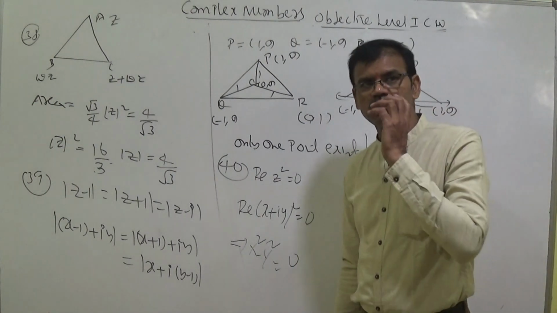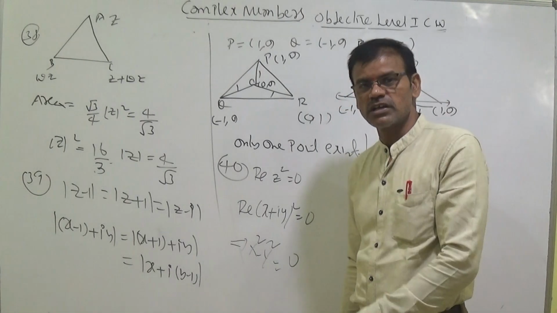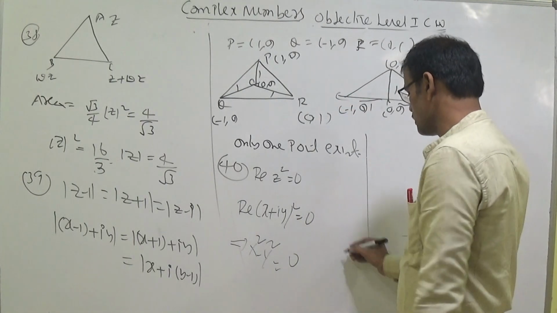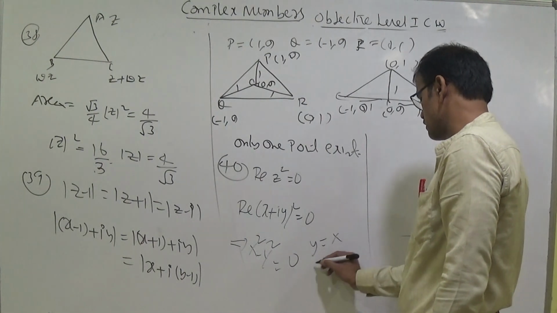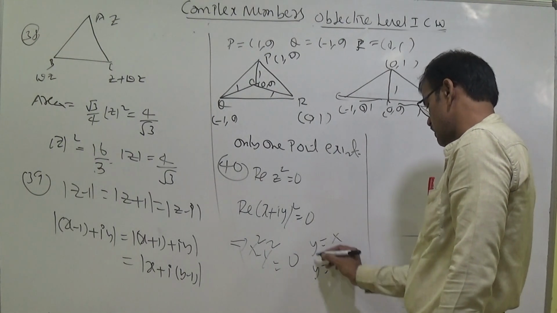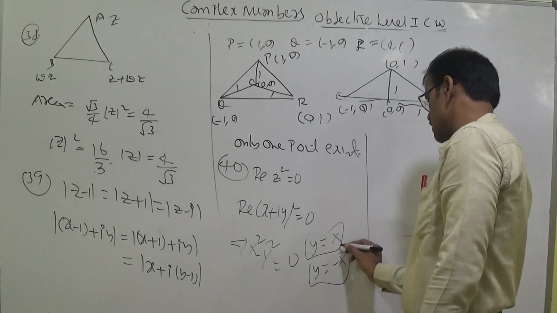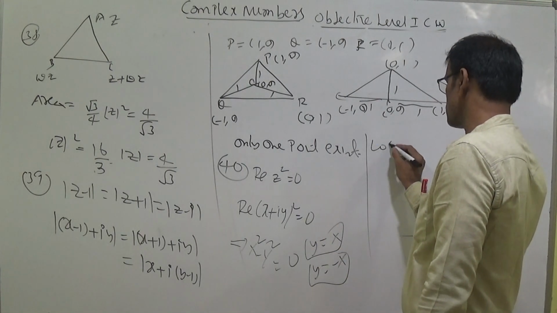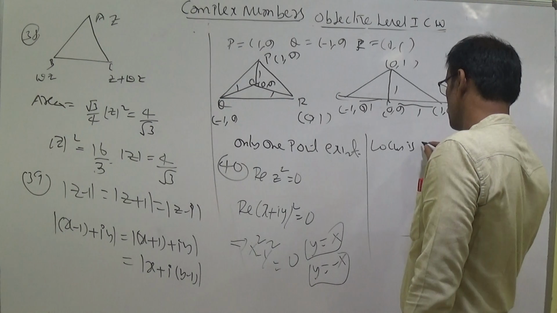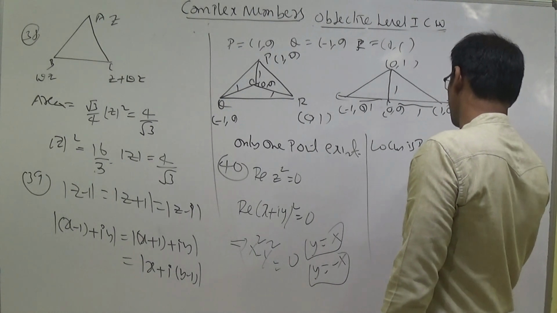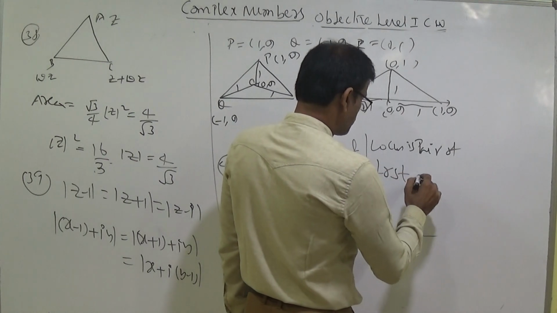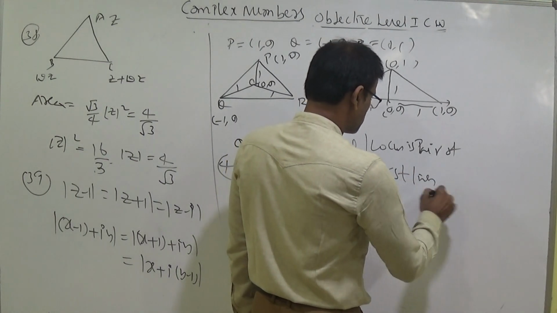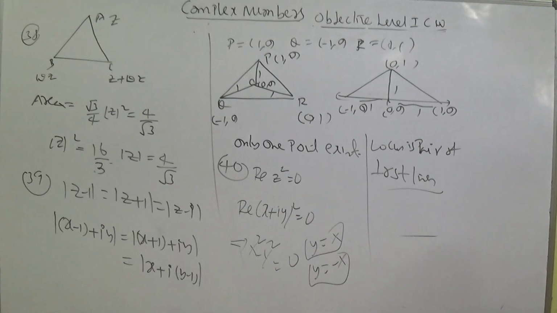Whenever a plus b is equal to 0 in the pair of straight lines, they are perpendicular. So it is indicating a pair of perpendicular lines, otherwise you can write y is equal to x and y is equal to minus x, that is y is equal to plus or minus x. Locus is a pair of perpendicular straight lines.